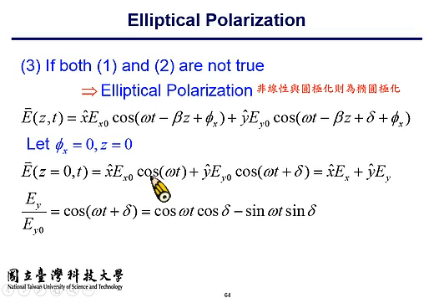So your x component goes with cosine omega t, and your y component goes with cosine omega t plus delta. And the instantaneous ratio of EY over EY sub 0 becomes a function of cosine omega t plus delta. And it can be decomposed into cosine omega t, cosine delta, minus sine omega t, sine delta.